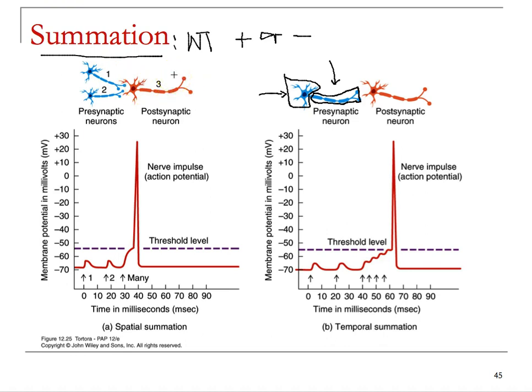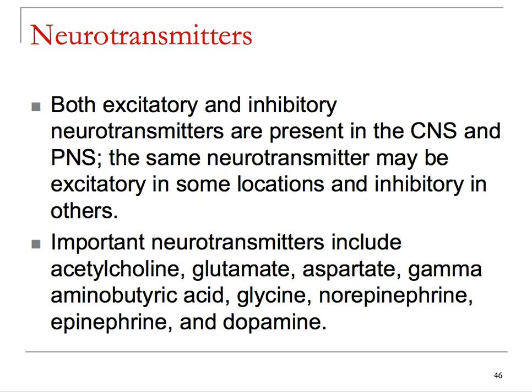Okay, well, we want to then start thinking about what neurotransmitters are. And to do that, we need to first erase this. Both excitatory and inhibitory neurotransmitters are present inside the central nervous system and peripheral nervous systems. And this is the tricky part.